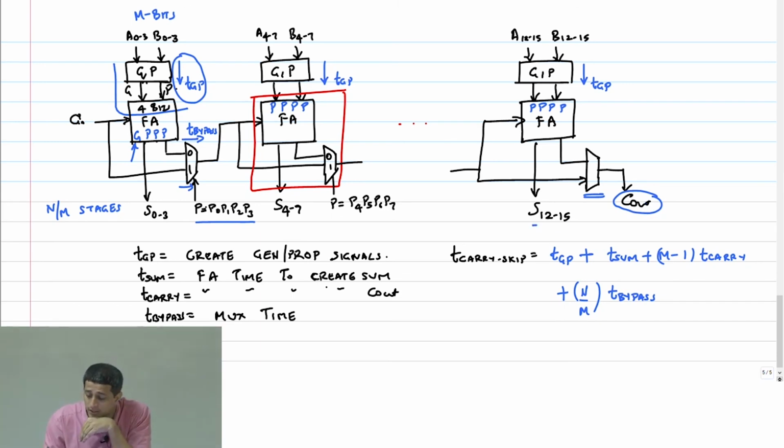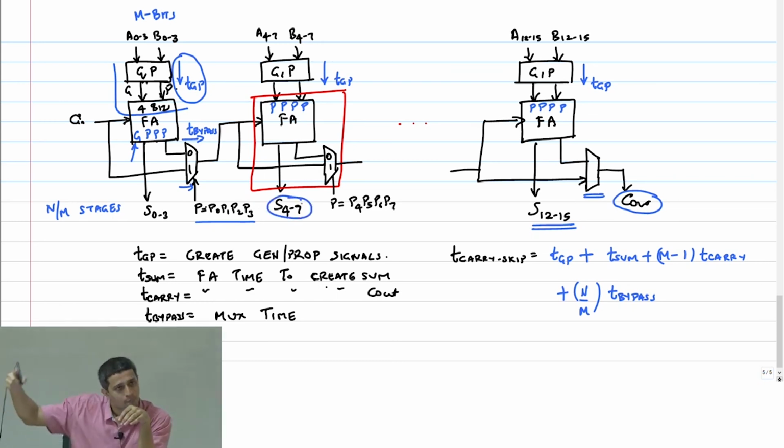But what about these sum bits? All the bits have to be ready, right? Here I didn't worry about that because while the carry was rippling through the other stages, these sum bits will evaluate. So there is no problem there. I don't have to count that. But the question is for the last stage alone, how will you handle this correction?